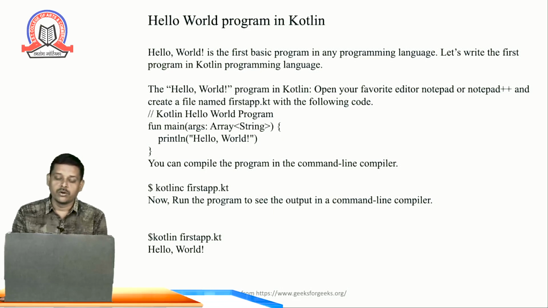In Java, most of the time we name the class file, but here we are just running that .kt file only. So the command in this case will be kotlin first app.kt.